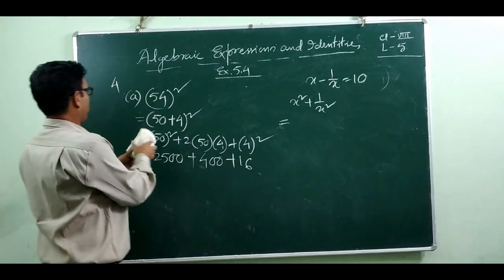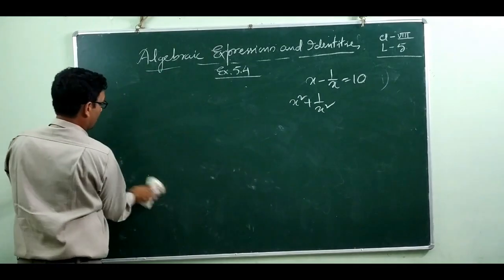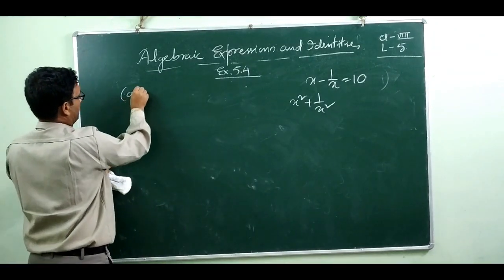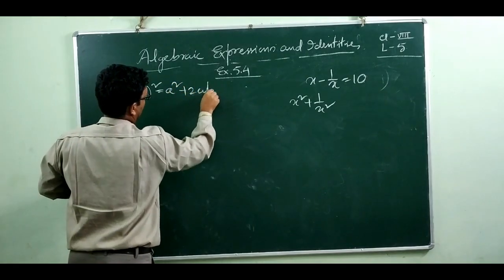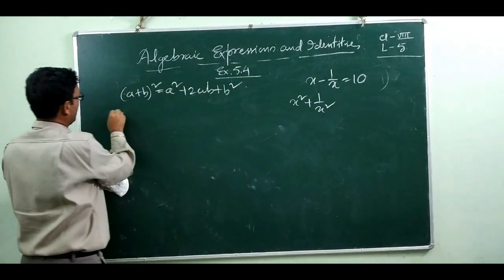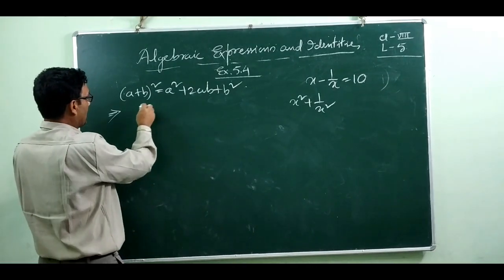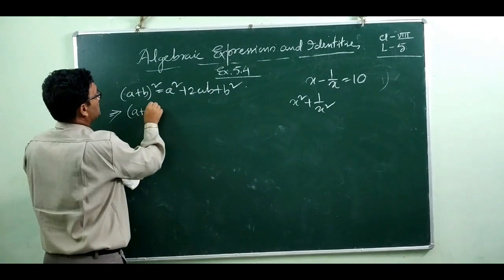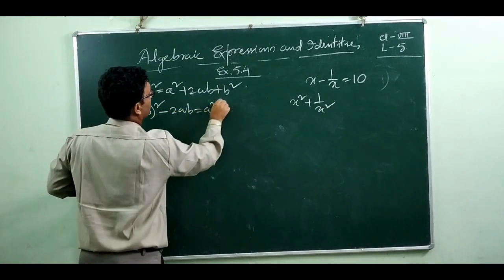So our first identity was, you see, (a plus b) whole square equals a square plus twice ab plus b square. From here, if you modify the identity, you can write (a plus b) whole square minus twice ab equals a square plus b square.